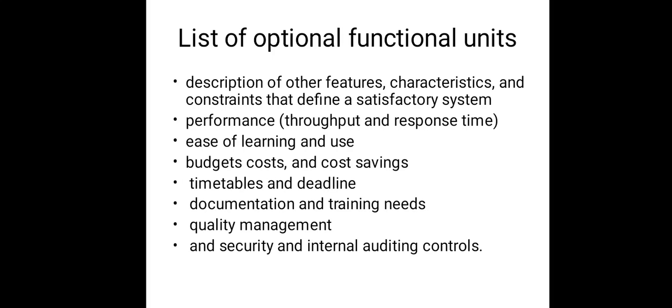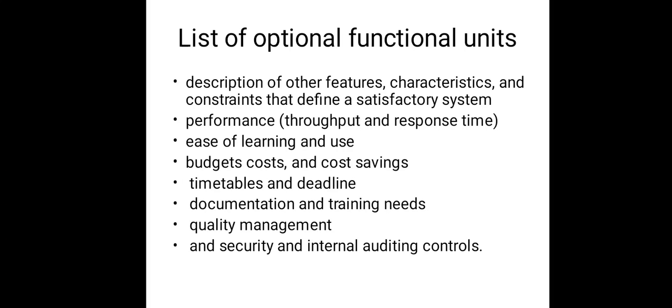Then in the next section, we have to list optional functional units. A list of functional units should be present, which would include a description of other features, characteristics, and constraints that define a satisfactory system. These functional units would be developed under a certain condition, for example, a technology, an expertise, or time dependent.